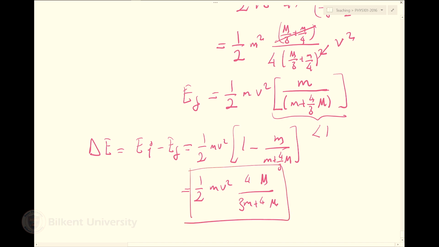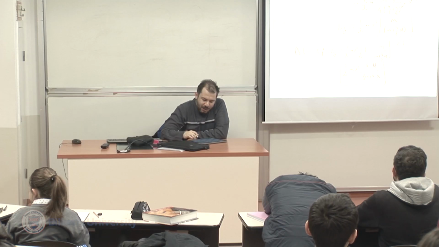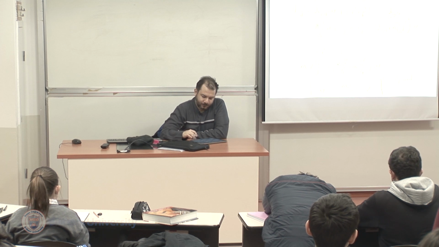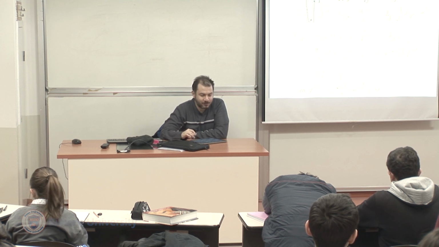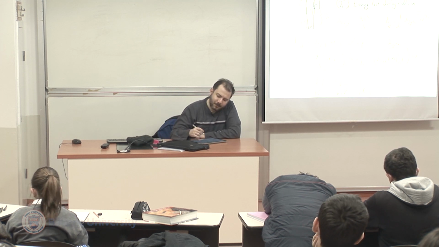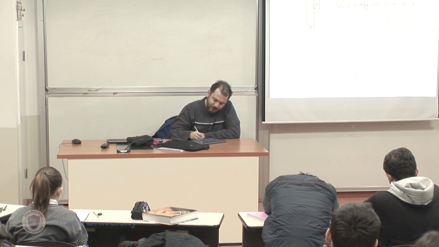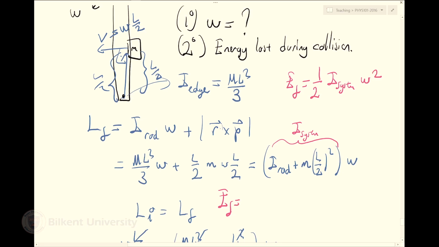Question? Can you write the final energy separately, not using the system? Excellent. Let's do that. Let's see if it actually gives me the same thing. I'm writing my final energy in a different way. I'll say my E final is 1/2. What's I rod? I rod is ML squared over 3, right?